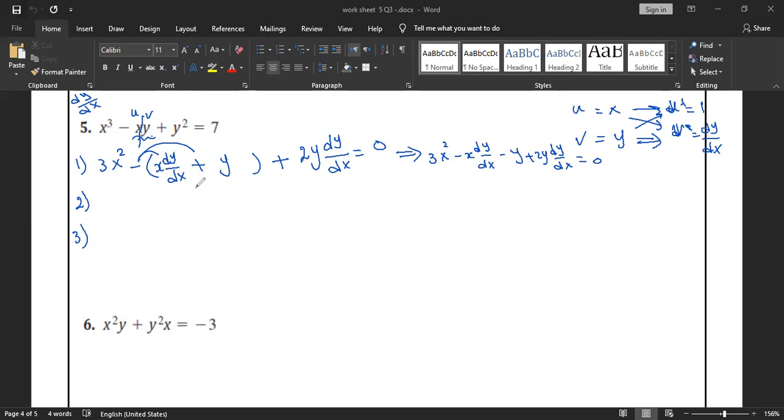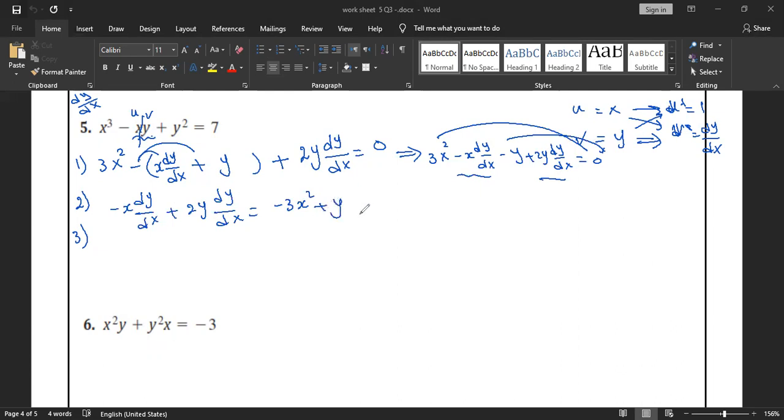Then, second step, keep all of the terms of dy by dx on the left hand side: negative x dy by dx plus 2y dy by dx. Let all of the other terms which don't have dy by dx go to the other side with the opposite sign. It will be negative 3x squared plus y. Clear?